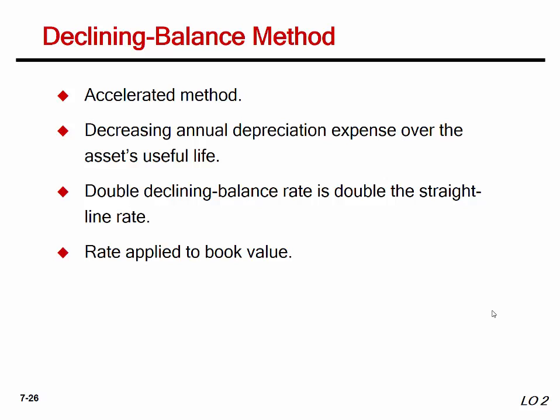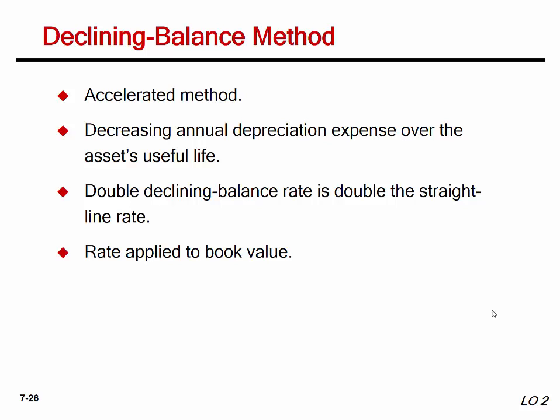So if it's a 5-year asset with a 5-year useful life, then 1 year out of 5 years gave us the straight line rate for a year. So 1 divided by 5 was 20%. Well, this double declining balance is going to take that straight line rate, whatever it happens to be, and double it.